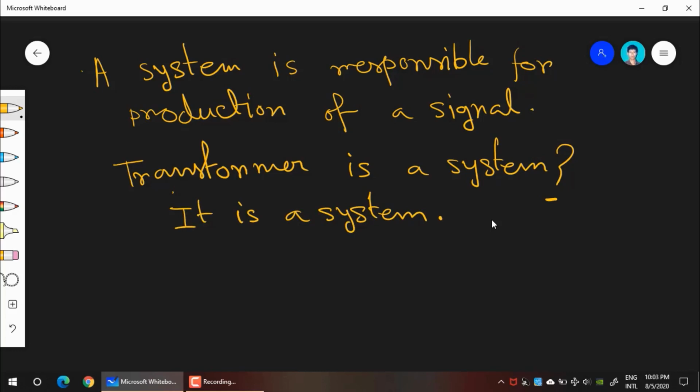Given the reality, it takes certain input from your surroundings, and it produces certain output to the surroundings. I am not going to the literal description of a system, but you can apply your common sense and intuitively understand that undoubtedly a transformer is a system.